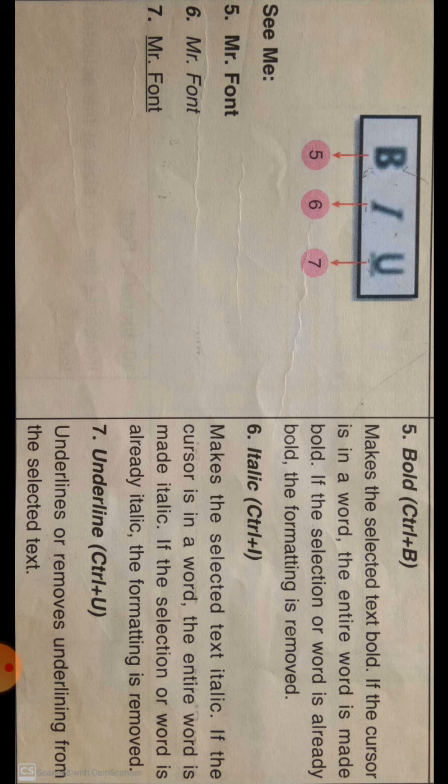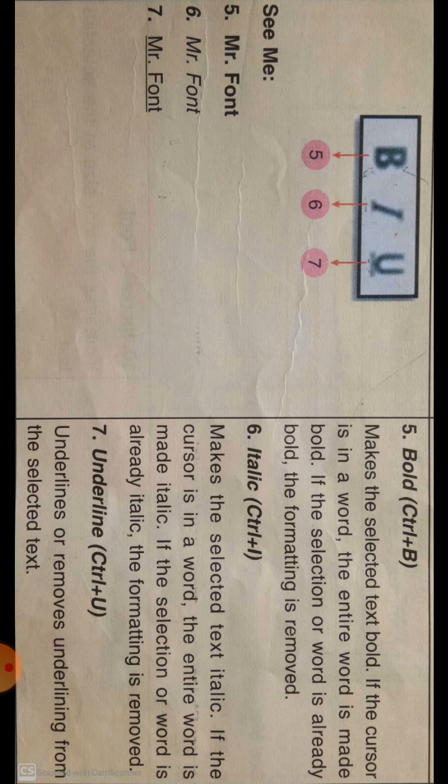The shortcut key of this tool is Ctrl B. Make the selected text bold. If the cursor is in a word, the entire word is made bold. If the selection or word is already bold, the formatting is removed.